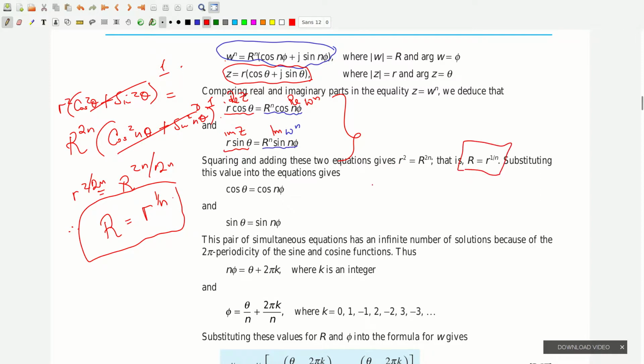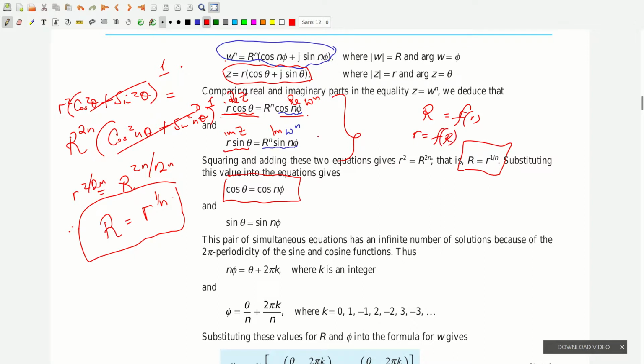Now again we can substitute this value back into the equations, any equation here. Maybe we can substitute it back here first. Whether we found r in terms of capital R as a function of R, or the other way round, either way, it doesn't matter.